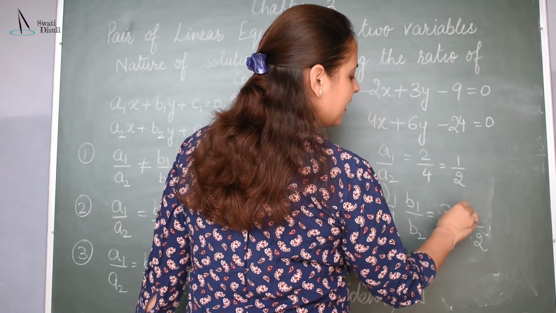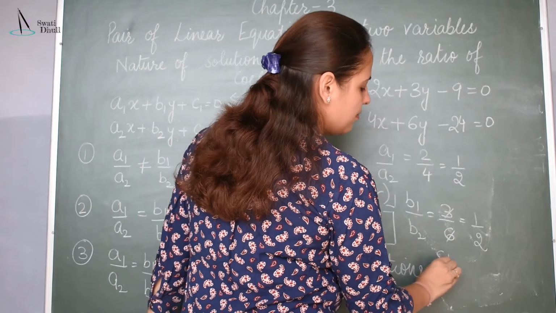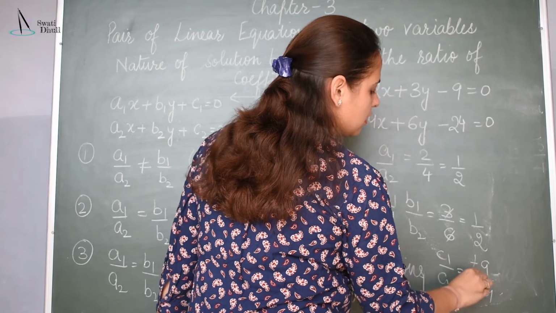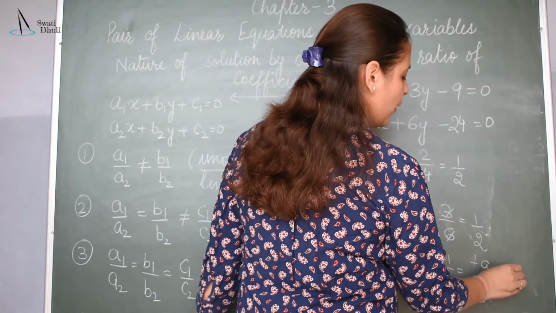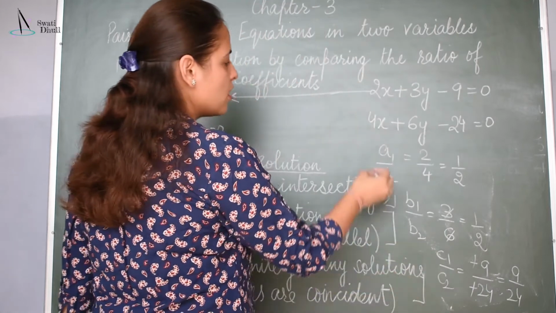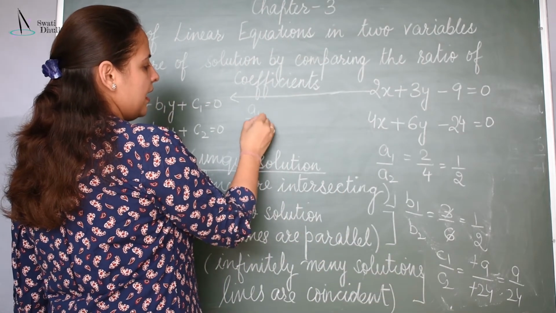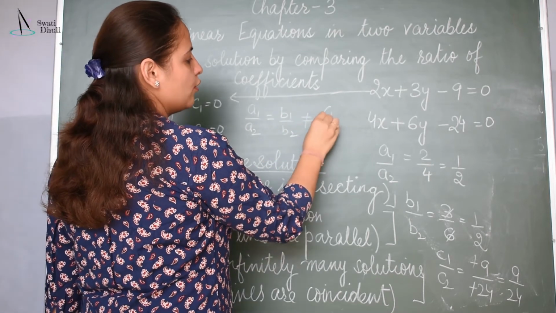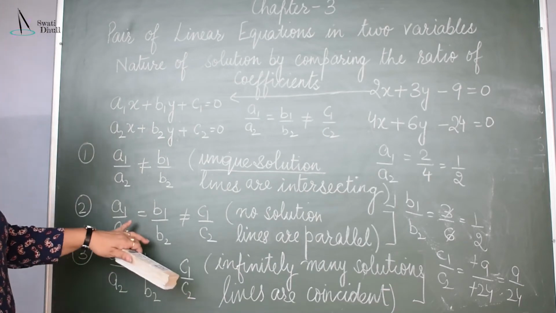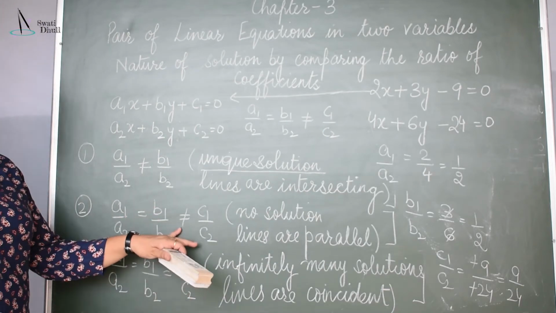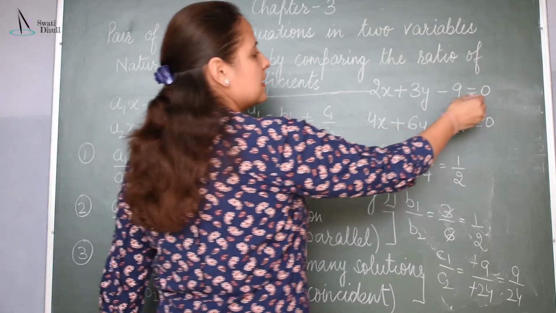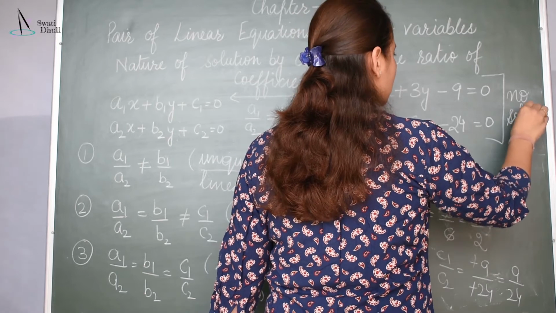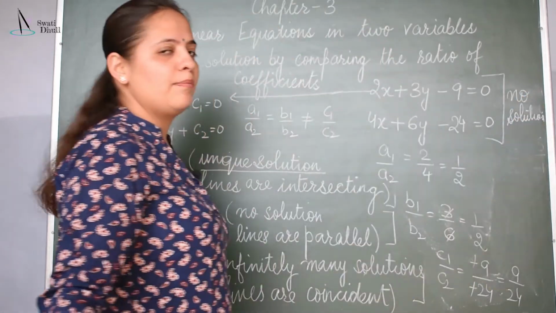Again you will get 1 by 2. c1 by c2 is minus 9 by minus 24. So it will be 9 by 24. Minus and minus will be cancelled out. So a1 by a2 is equal to b1 by b2 is not equal to c1 by c2. That means these two linear equations have no solutions and the lines will be parallel.